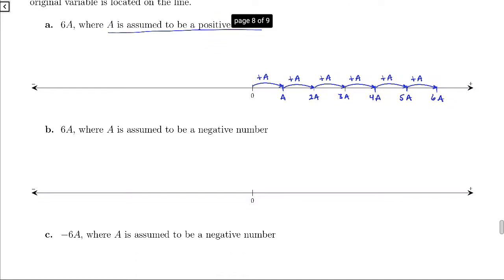Now, if A is assumed to be a negative number, I want 6 copies of A. So this is going to be my A. A is a negative number now. Okay? And so this is what it looks like to add a copy of A. And I'm just going to do this by hand again. So this is A. I guess this is actually faster than using the tool.